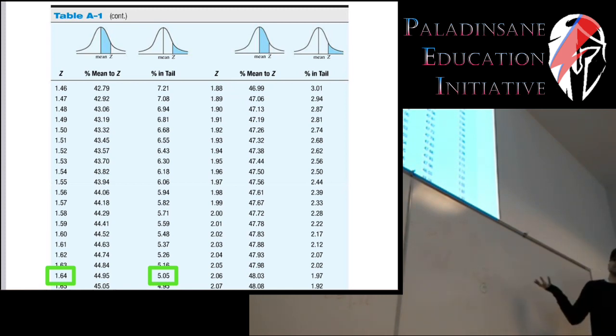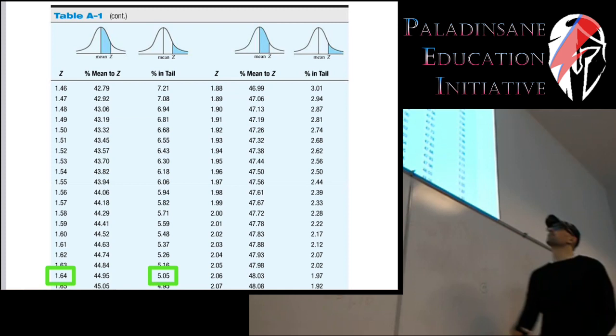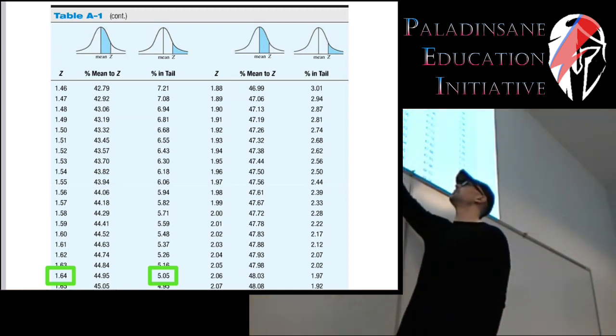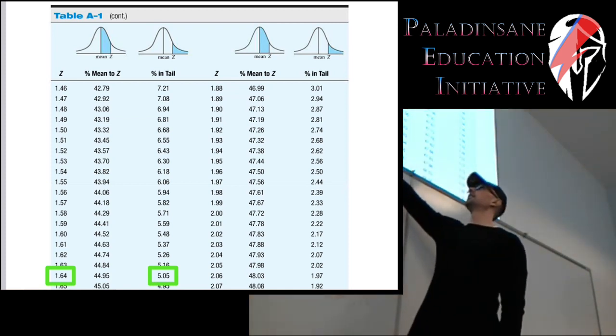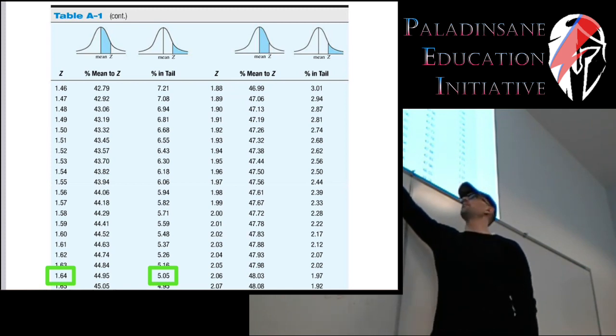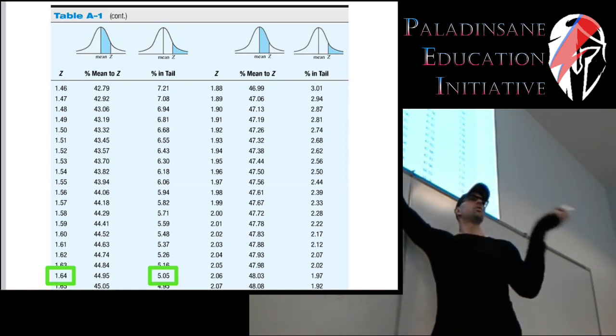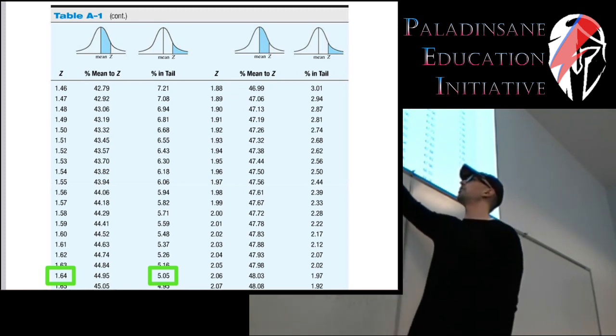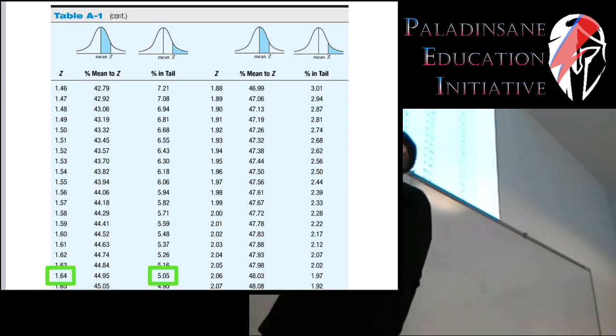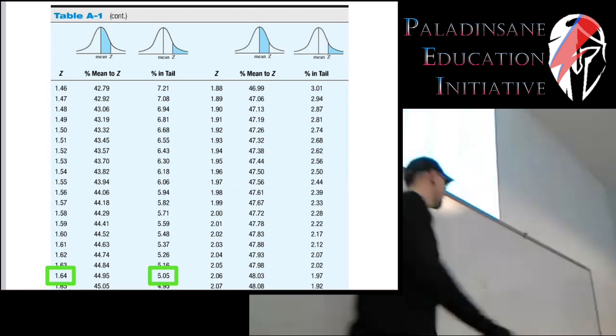So in this case, let's say that we were asking, do they spend more time with the terry cloth mother? Then we put all 5% into the tail. We go to our unit normal table, we want 5% in the tail. That's as close as we can get. It's 5.05, the other one is 4.95, both equally close, both good enough for the exam. You can use either one. We're going to go with 5.05 for this example. We scroll across, 1.64 is our cutoff score.